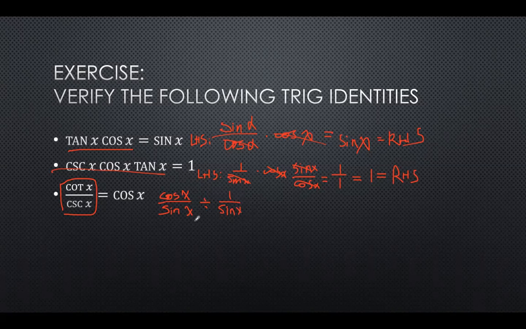If you flip 1 over sine, it becomes sine. So it becomes cosine over sine multiplied by sine. Now there's one sine on the top and one sine on the bottom. They can be canceled out, and we only have cosine left, which is exactly the right-hand side.